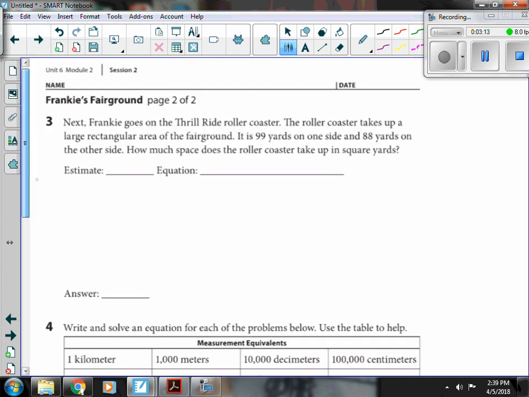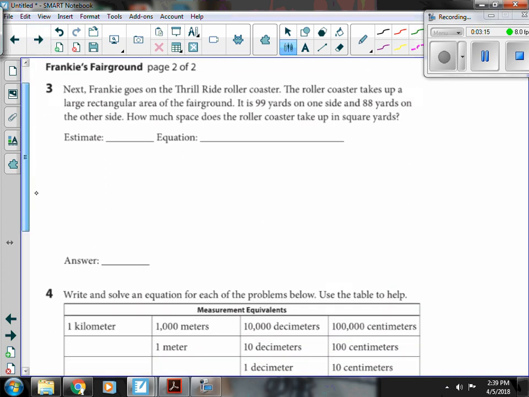On the next page, Frankie goes on the Thrill Ride roller coaster. The roller coaster takes up a large rectangular area of the fairground. It is 99 yards on one side and 88 yards on the other. How much space does the roller coaster take up in square yards? So I've got 99 by 88, and I want the area.